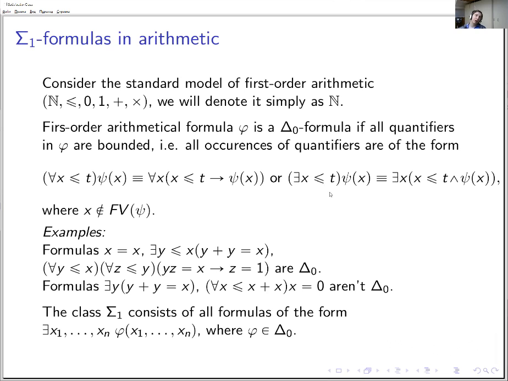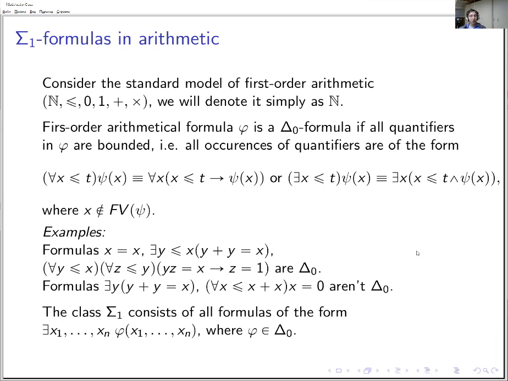Bounded quantifiers are quantifiers of this form: for all x less than t, psi of x, and there exists x less than t, psi of x.